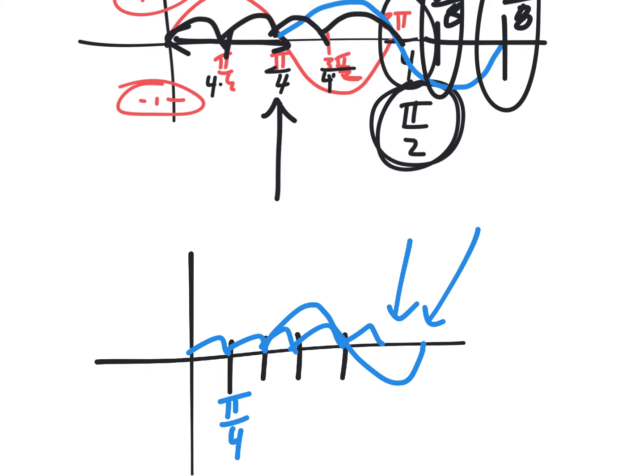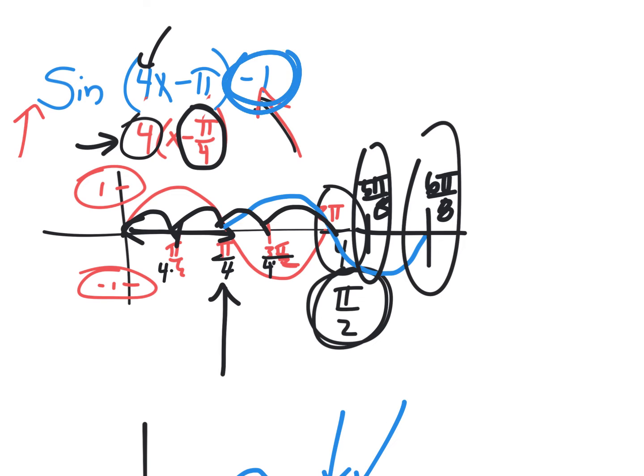That would be 5 pi over 4, and the last one would be 6 pi over 4. Okay, so that's another really common thing that people forget: if they shift it over, they've got to factor in the labeling.